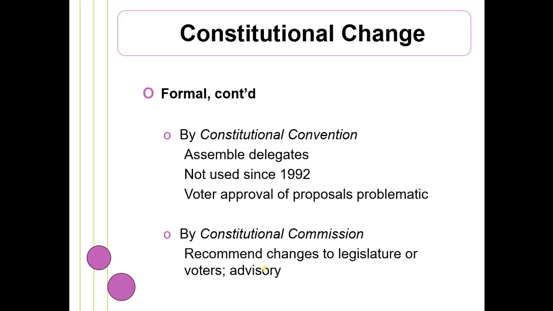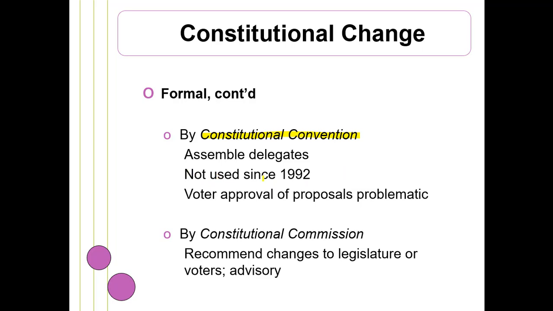Some more ways of changing the Constitution would be a constitutional convention, which is also a method by which the federal Constitution could be changed, but that's never been used, not since the first ratification. A convention has never been used because the state legislatures are already there, so why create a convention when you've already got the state legislature?